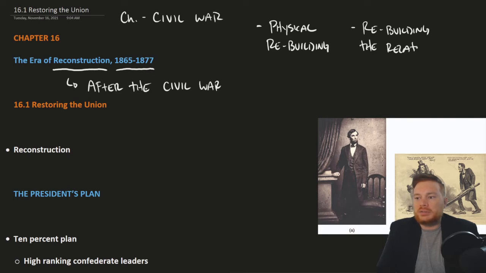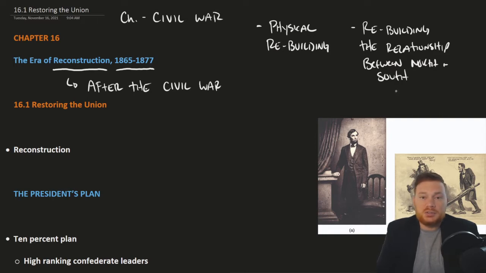That is really what's at stake here, two parts of the country that just spent the past 4 years killing one another. So how do those two sides become essentially American again? One united family in a sense.